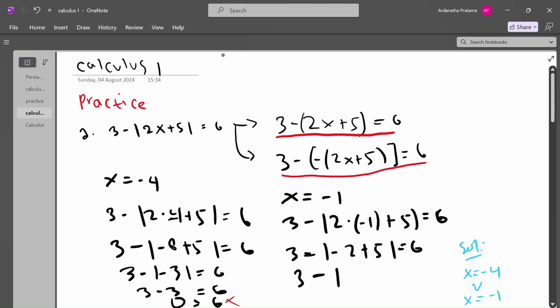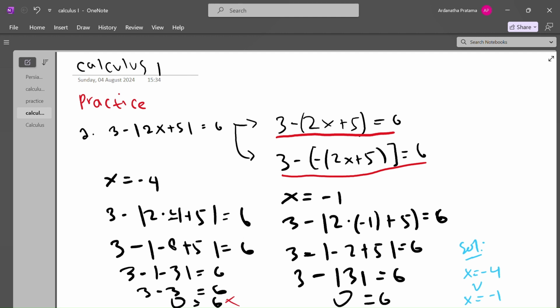Minus 2 plus 5 is 3, so 3 minus the absolute value of 3 equals 6, so we get 0 equals 6. You see that? We don't have any solution here, because once again x equals minus 1 does not fulfill the equation. So the answer is no solution for this equation. You can check it on your GeoGebra. It will not have any graph. So this is right. This is true.